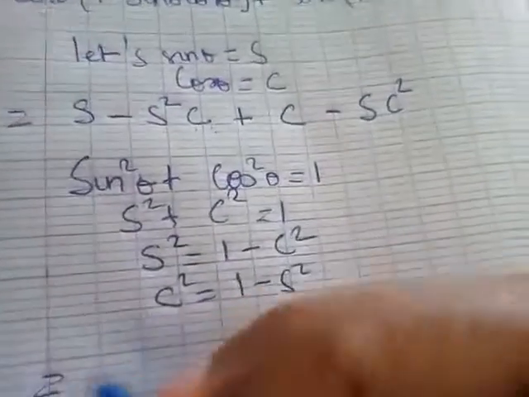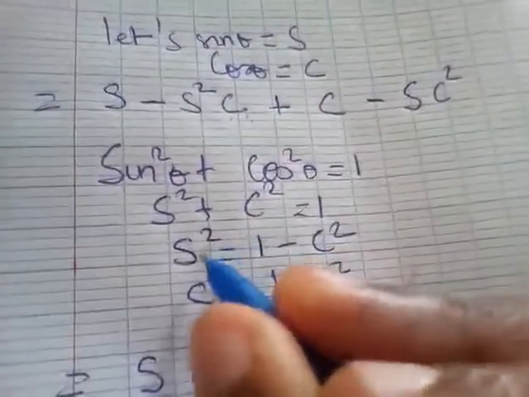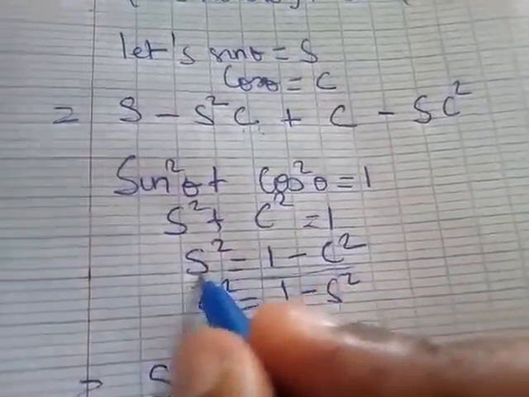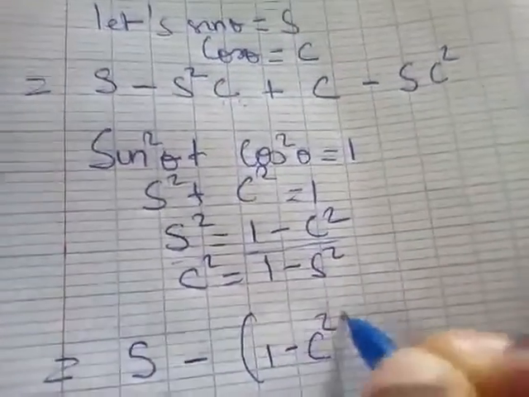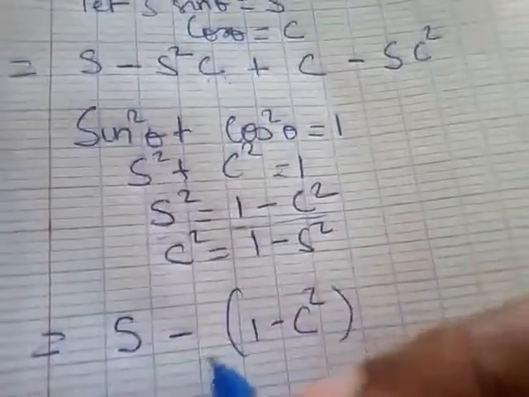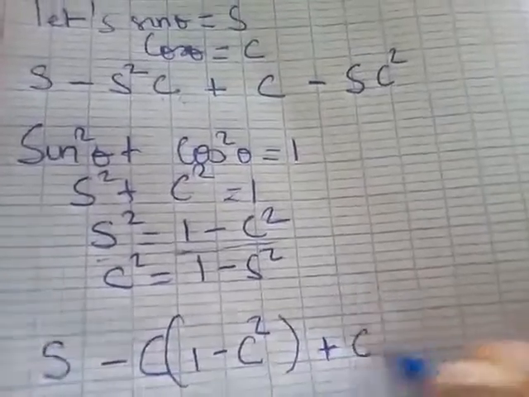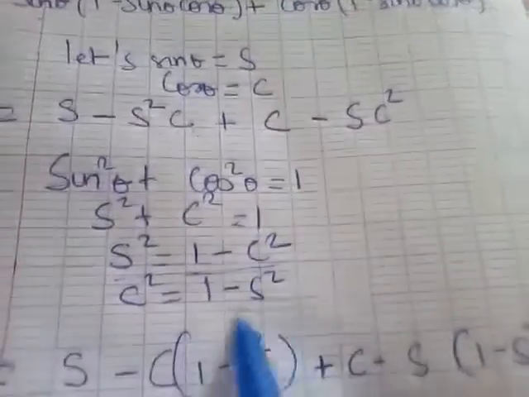So I'll have S, which is sine theta, and I'll write 1 minus C squared instead of S squared, times C. It's a multiplication, so I can write it here. Plus C minus S times (1 minus S squared), because cos squared theta, as I said, is the same thing as that.